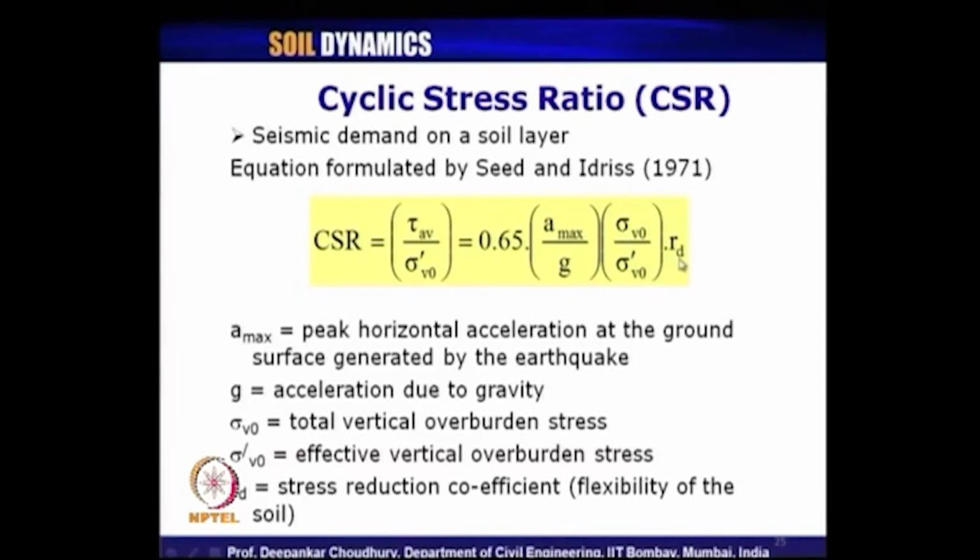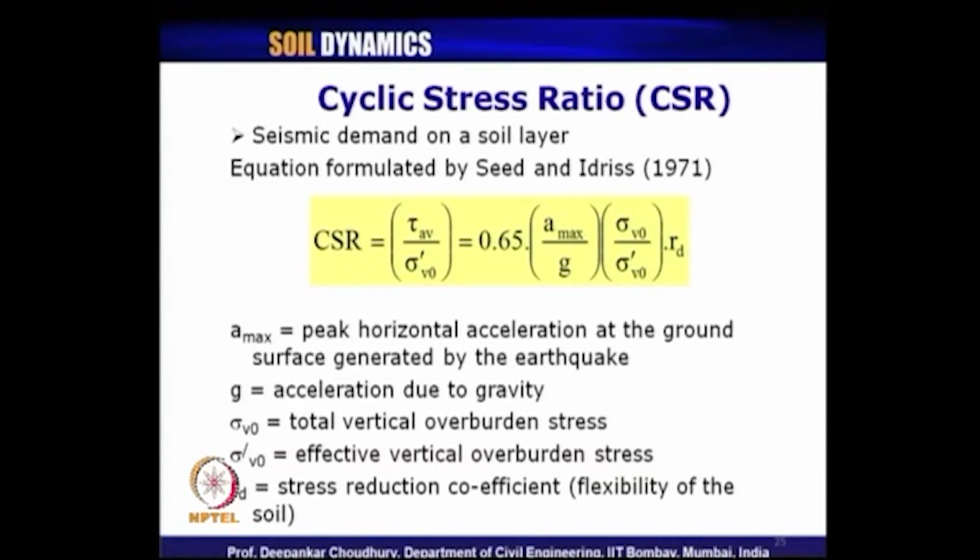And what is R d? R d is called the stress reduction coefficient. This stress reduction coefficient was proposed by Seed and Idriss. It takes care of the flexibility of the soil, because the development of this equation was based on rigid beam theory.